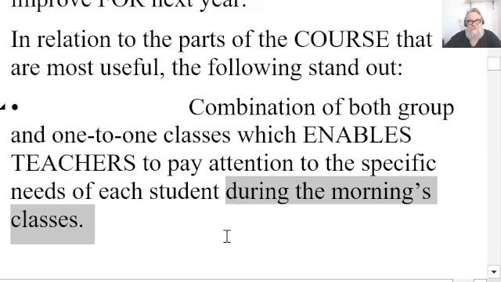So this "during the morning's classes" you've tacked on again. The following stand out.